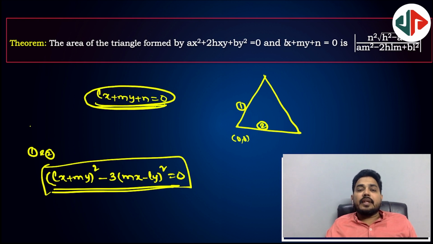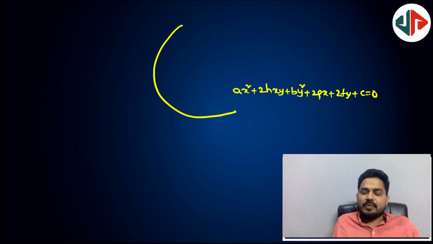Okay, clear? Next, one more point, homogenization. Like this is a curve. Equation is like ax square plus 2hxy plus by square plus 2gx plus 2fy plus c is equal to 0.